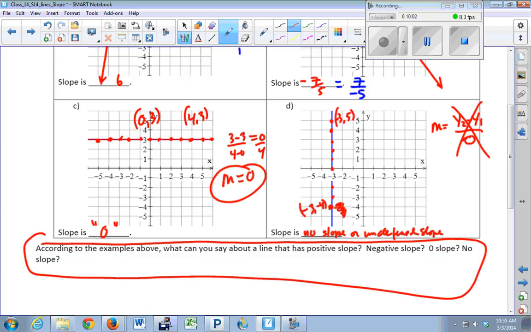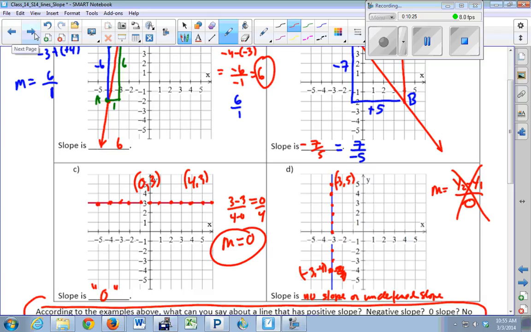That's how I think of the difference. And to avoid that, some students just don't even deal with the zero and the no, they just put undefined. And that seems to be easier because that's what we learn when we try to do this division. But it's important that you don't say that a horizontal line has no slope, it has zero slope.